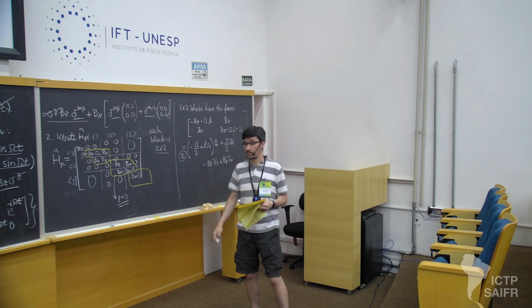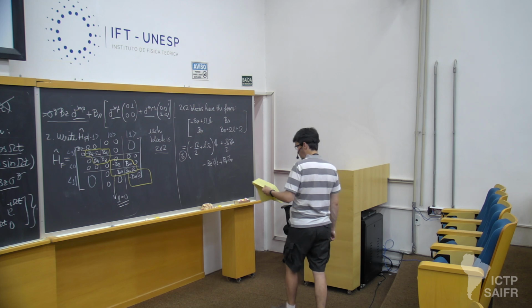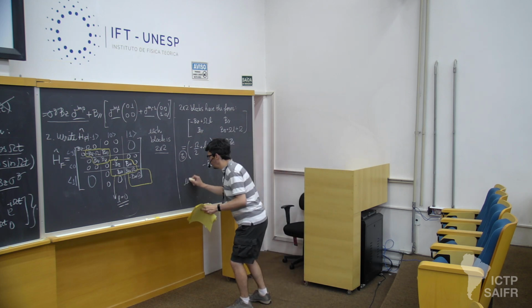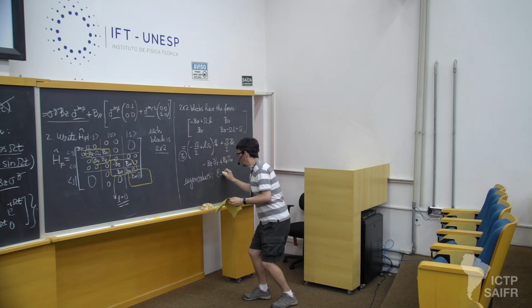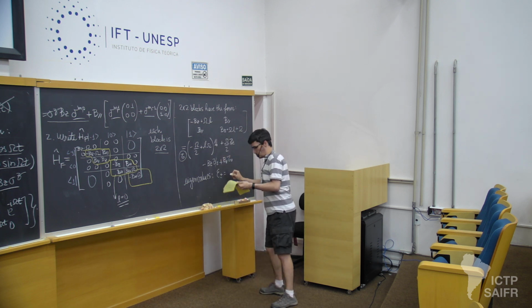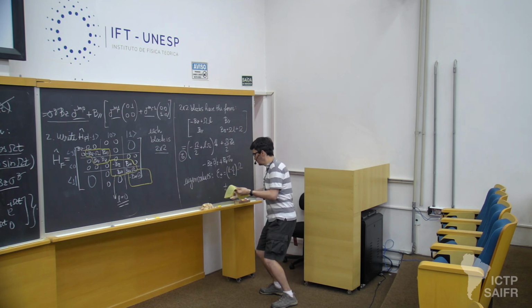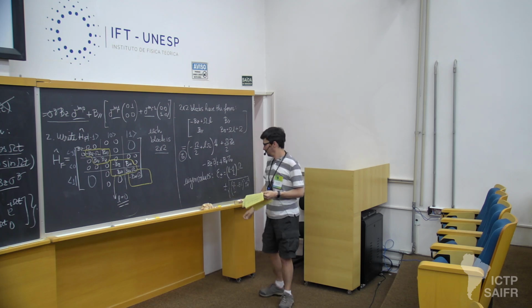This is the decomposition into Pauli matrices, and you can immediately find the eigenvalues of this matrix. They are given by epsilon plus minus equals L minus half omega, plus or minus the square root of omega over 2 minus Bz, squared, plus B parallel squared.